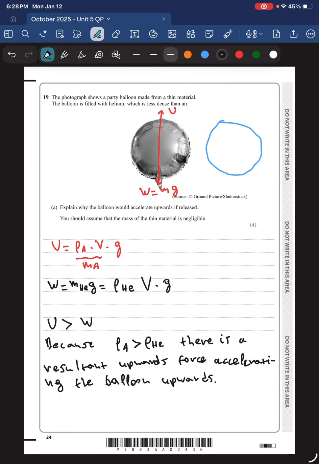Okay, so this is AS level physics, but you see, guys, sometimes they ask questions from AS level physics, so it's good to know these things.